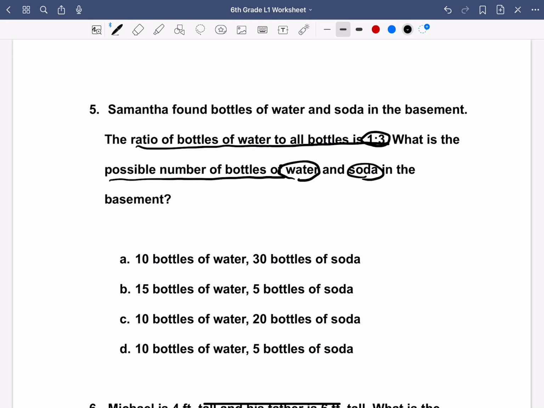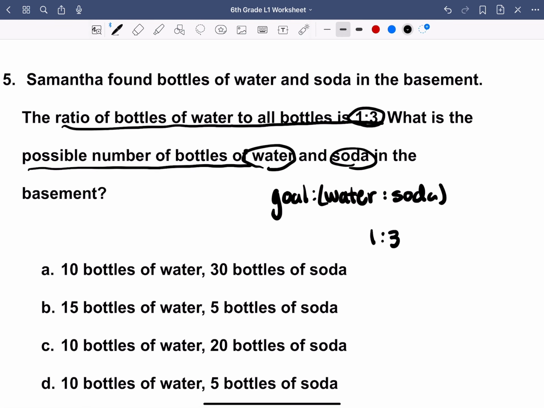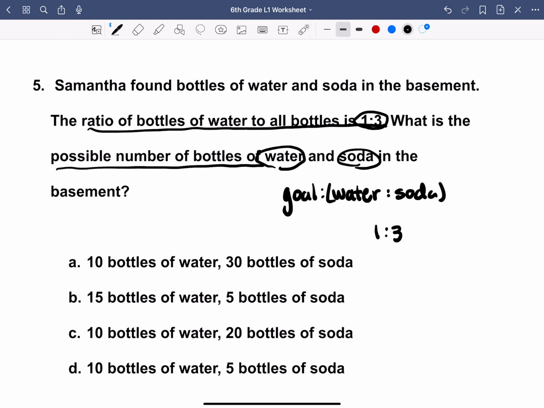Okay, so our goal here is to find the ratio between water and soda. And we know the ratio of water to all bottles is 1 to 3. Now, I'm going to find the number for soda.